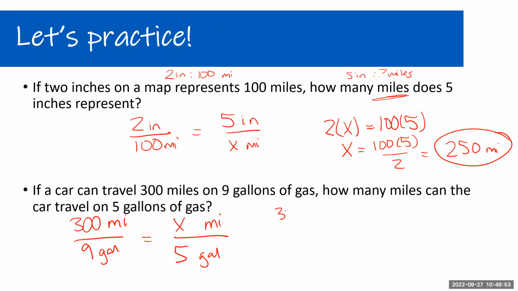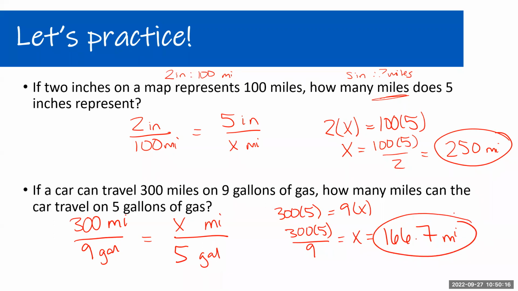And here we're going to see that we get 300 times 5 equals 9 times x. So 300 times 5 divided by 9 is going to be x, which is going to give us 166.7 rounded miles.